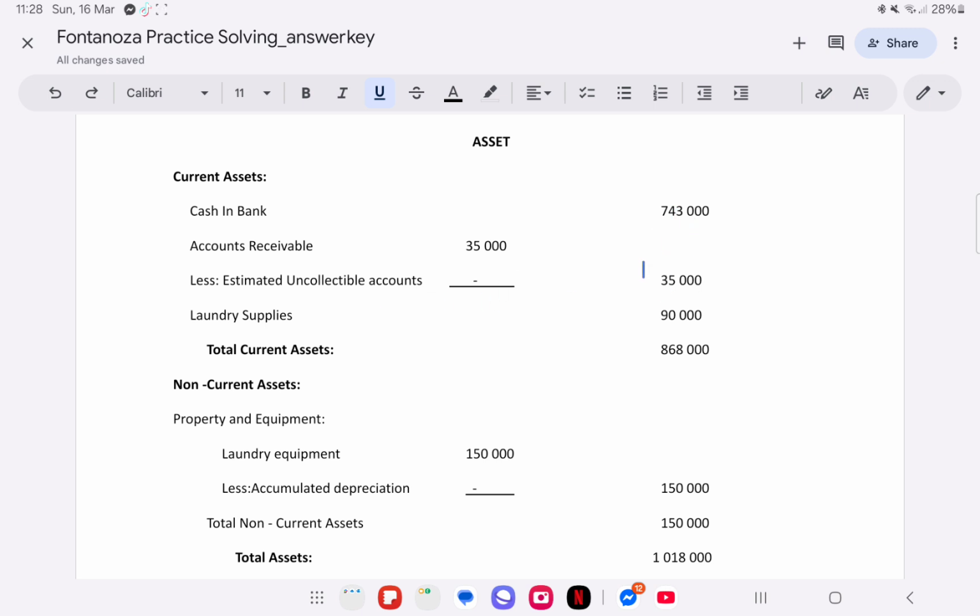After you compute the laundry supplies 90,000, you total this one. It turns out that the value is correct, 743,000 plus 35,000 plus 90,000. So 868,000 is the amount in total current assets.